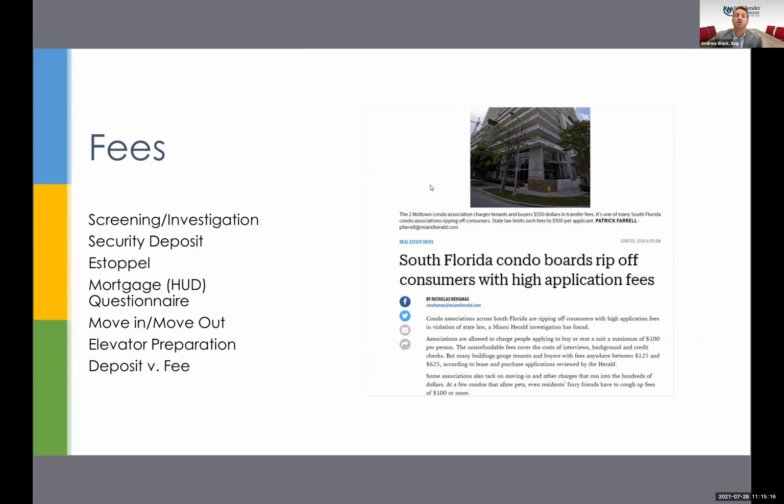But you want to make sure you know what that time frame is, because most often there'll be language in your documents that will say something along the lines of, if the decision isn't rendered within, let's say, 30 days, then the application is deemed approved. And you don't want to get into an argument over, well, it's been 31 days, we didn't issue our decision, and now you have an unhappy owner who says this transaction is now approved and you can't do anything about it.